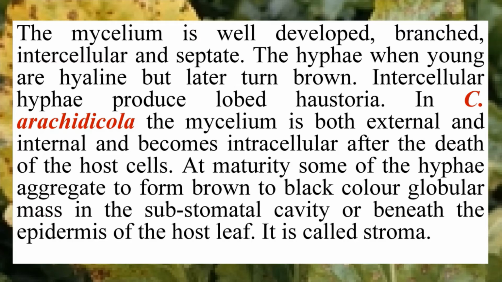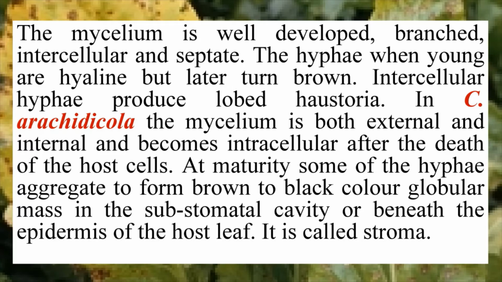The mycelium is well developed, branched, intercellular, septate. The young mycelium is hyaline or colorless. Later it turns brown in color. They produce large lobed haustoria which enter the host cells and absorb nutrition from them.